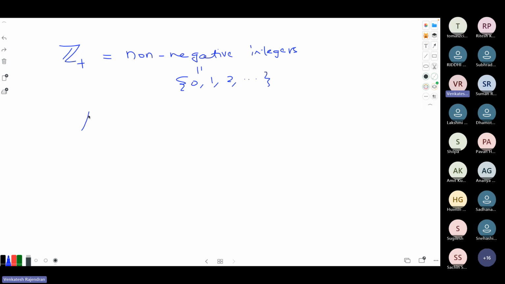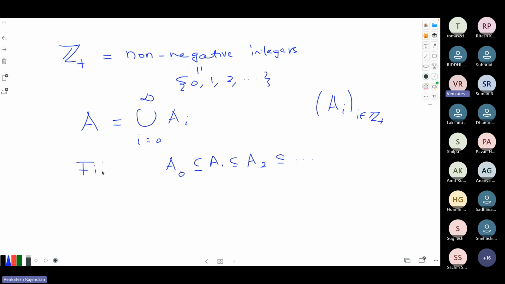So A is called a filtered algebra if you have a filtration, which is a sequence A_i for i in Z plus, such that A is the union of the A_i. The filtration is given by A0 contained in A1, A1 contained in A2, and so on. This is called a filtration, and A is called a filtered algebra if there is some filtration.